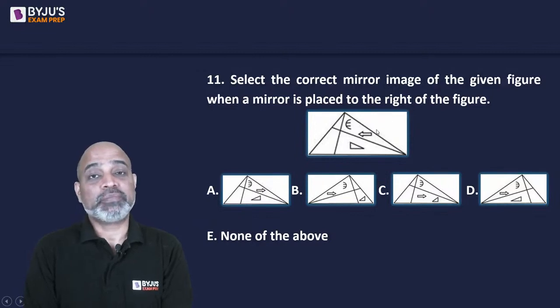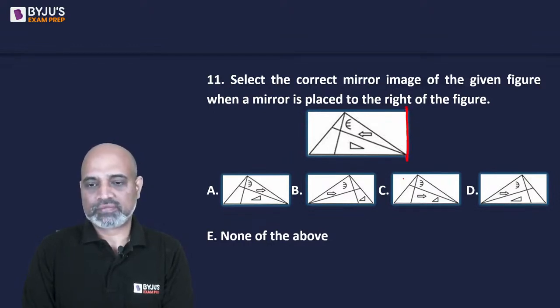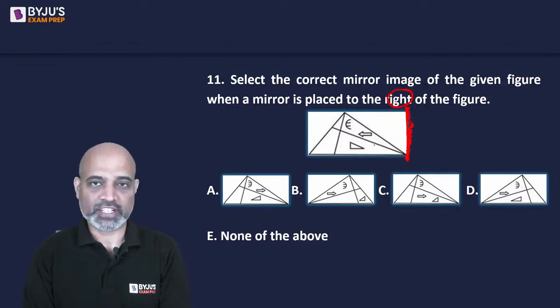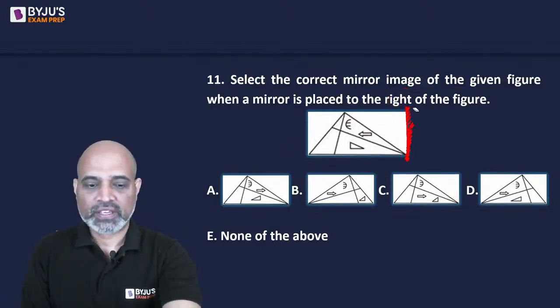So we need to find the mirror image of the given figure, right? So suppose this is the mirror here, right? Why on this side? Why not on the other side? Because it does say in the question right side of the figure. The mirror is placed on the right side, है ना? ठीक है.